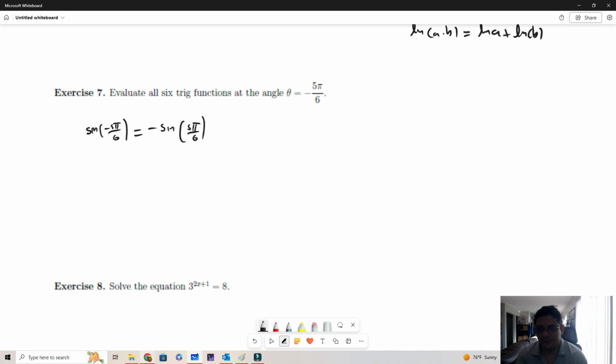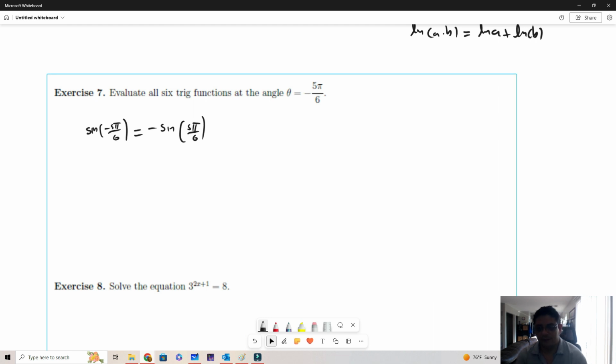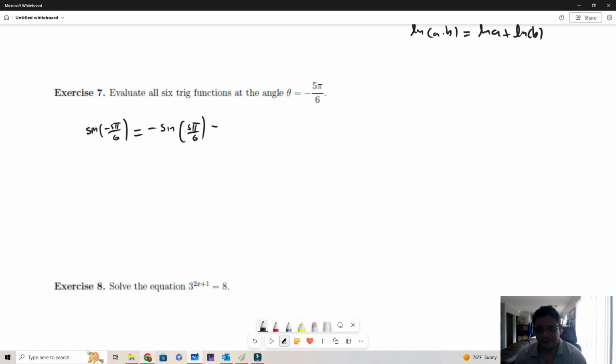You might have in your mind a little bit of the unit circle. If not, it's worth checking out the unit circle and, for special angles, what values you get. So in this scenario, for 5 pi over 6, the sine is 1/2. By the minus in front, this produces minus 1/2.